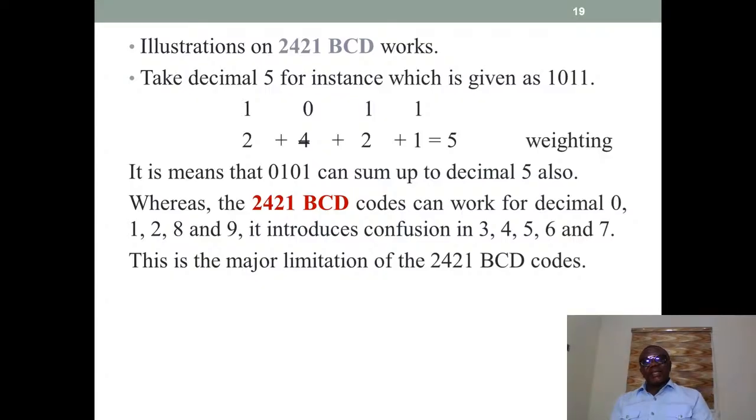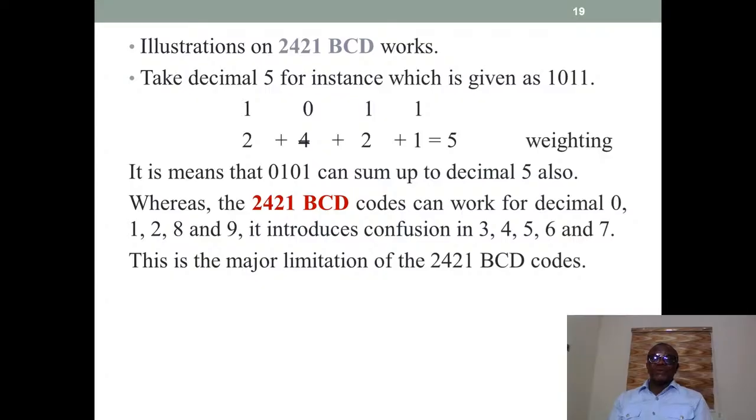But if you look at this logic it employs, it means that if you also have 0101, it will also sum up to decimal 5. So you see that in the 2421 BCD code, it can only work for decimals 0, 1, 2, 8, and 9.